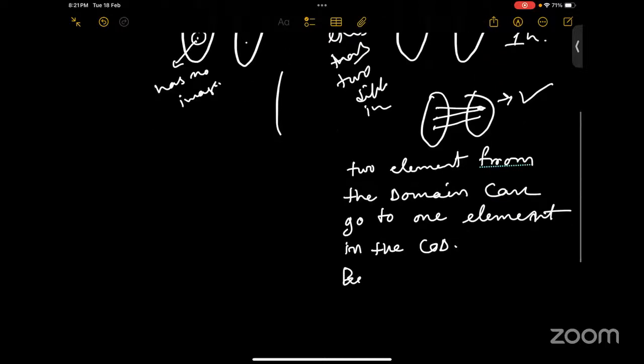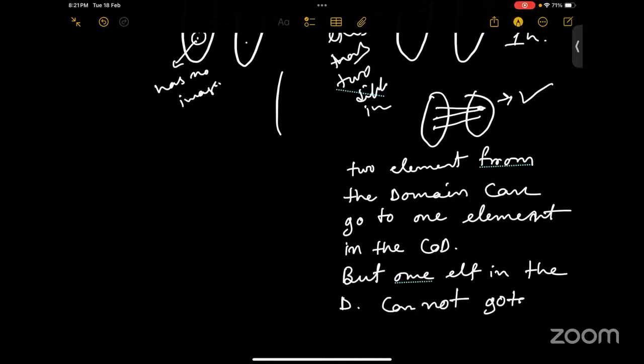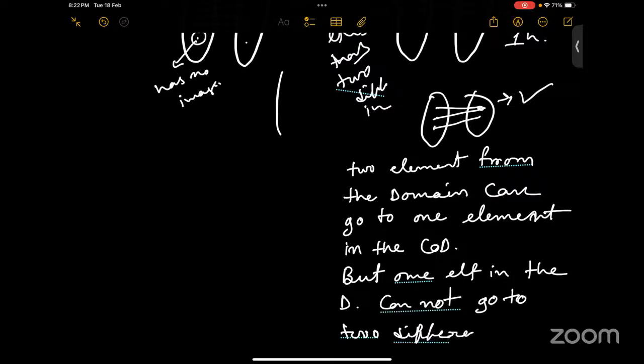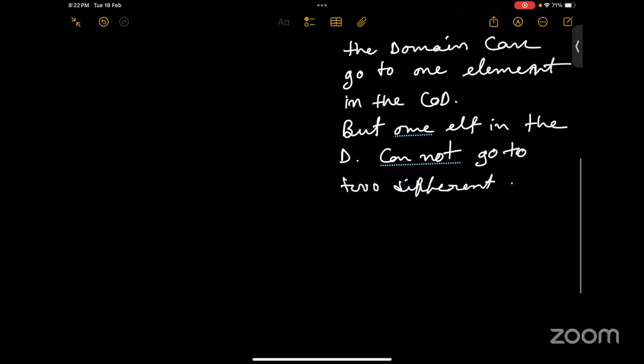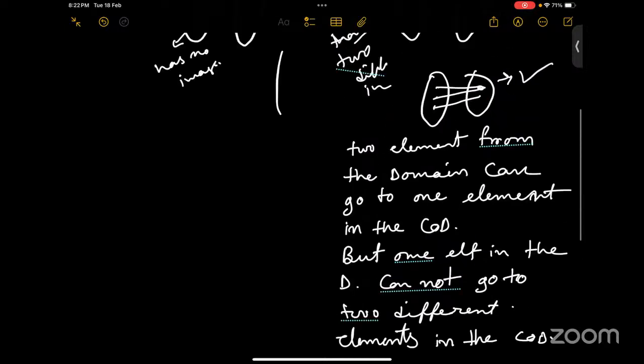But one element in the domain cannot go to two different elements in the codomain. Is it clear now?